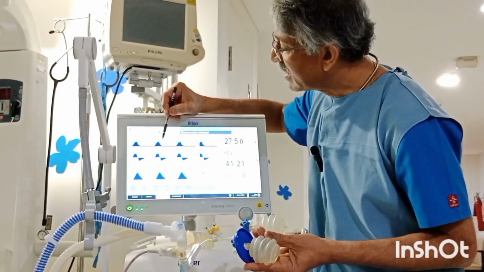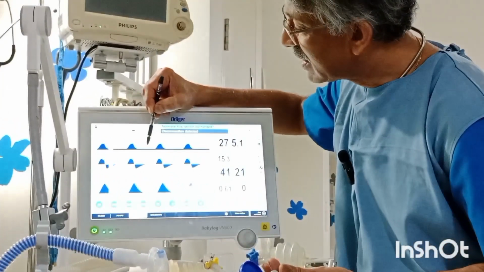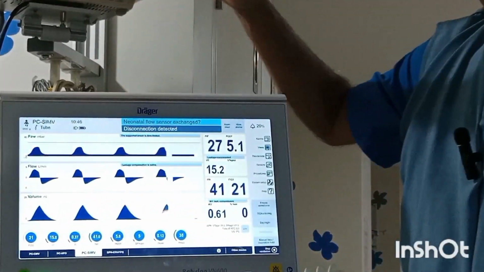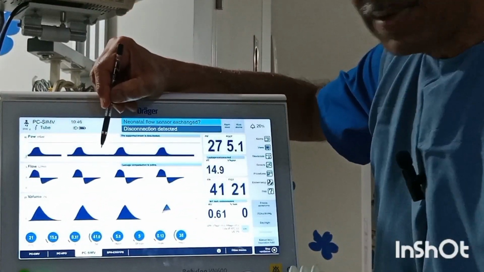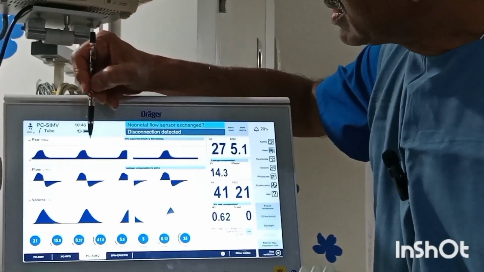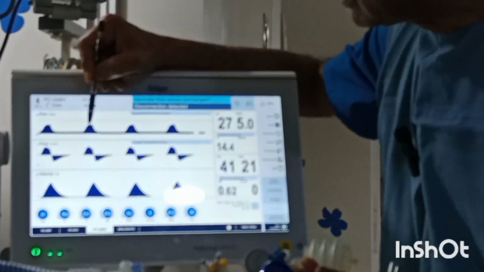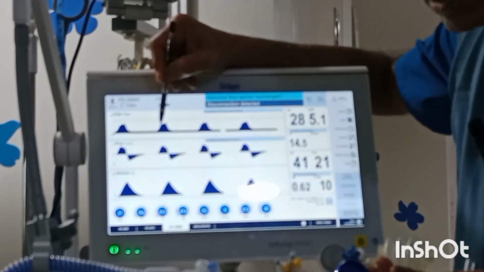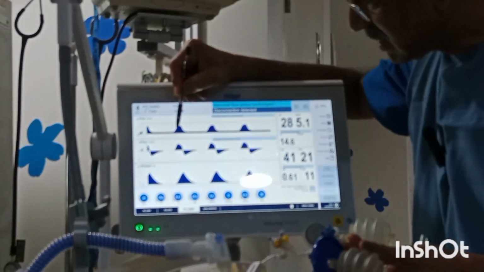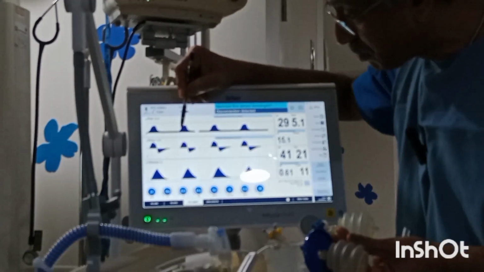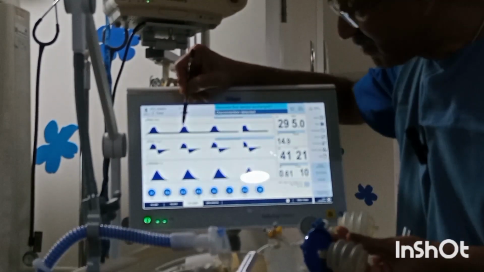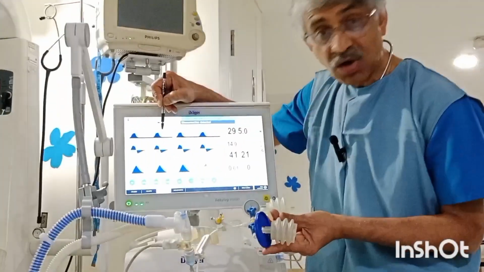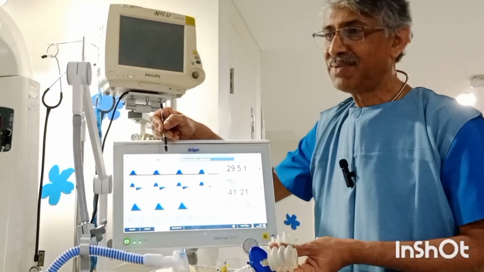Now, there is another important thing. The baseline is up, about 5 centimeters. That is the PEEP. Now, this has an area. From the point of starting of inspiration, the positive deflection, till the end of inspiration is called the inspiratory time, or I time.